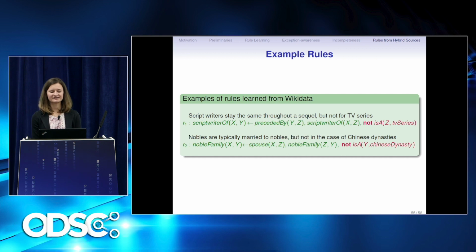The first one states that scriptwriters stay the same throughout a sequel, but not in the case of TV series. And the other one states that nobles are typically married to nobles, but not in the case of Chinese dynasties. So these are some correlations in the data that are aggregated over a lot of information from encyclopedic knowledge, and that shows pretty interesting results.